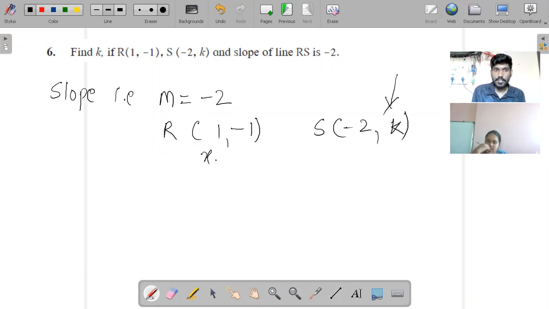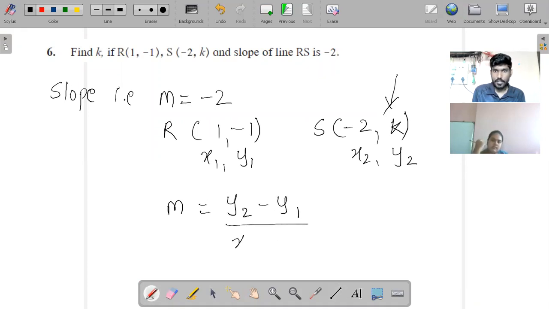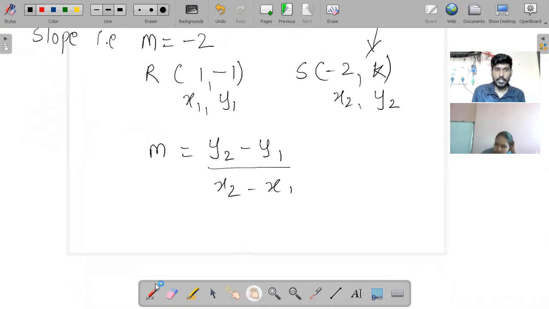So you take this to be x1, y1 and this to be x2, y2. Use the formula for slope: slope is equal to (y2 minus y1) upon (x2 minus x1). Substitute the values.